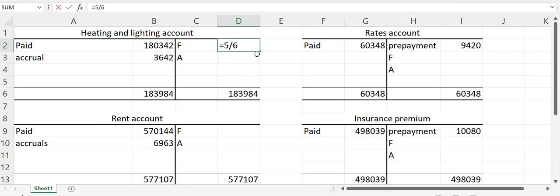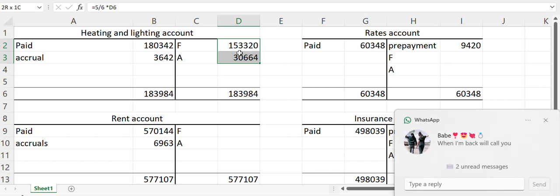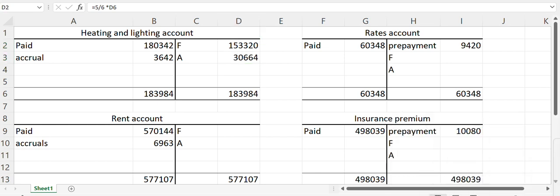So this one is 1 divided by 6. Then we multiply by that. When you add these two, they should always give you 183. Okay. So we should do that to all of them.